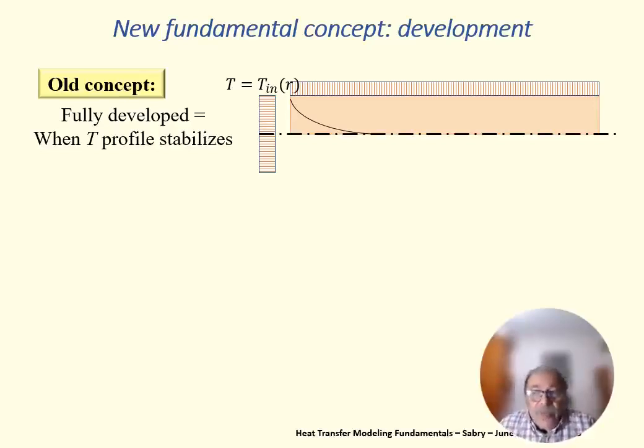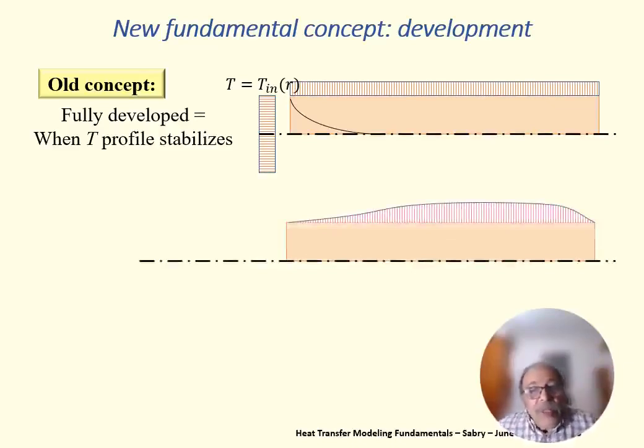Because both temperatures and heat fluxes will change along the whole tube. If the imposed outside heat flux is variable, then nothing will remain constant. But I still have something that happens at the inlet and that no longer happens away from the inlet. So I can still define a developing zone and a fully developed zone, but I have to change my definition.